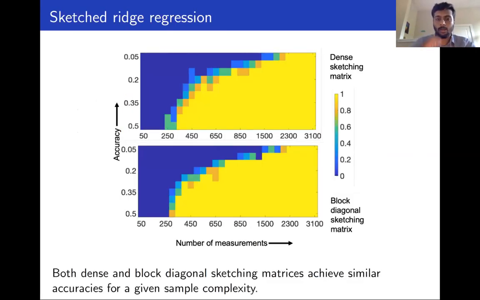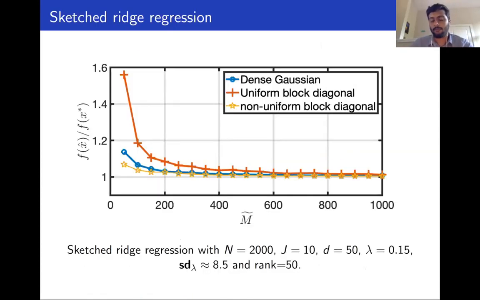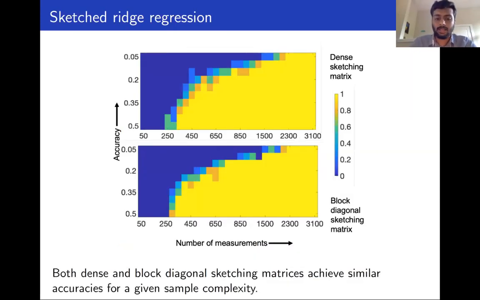Another plot that I wanted to show was, so this plot was on synthetic data. We just synthesized these matrices on our computer. But then we also tried this on a real data set. This data set has a lot of features of different songs. Given access to these feature vectors, the task is to predict which year the song was released in.